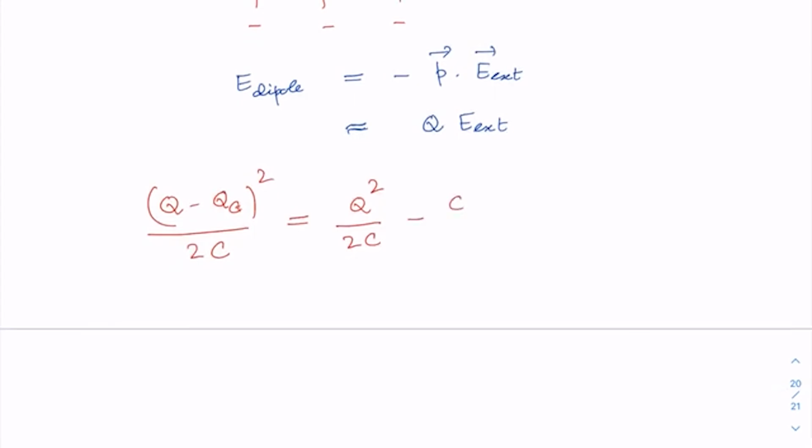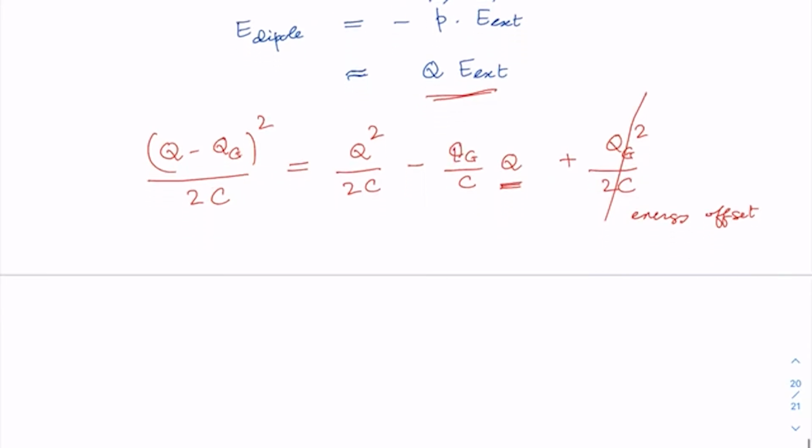Then we have a term like Cg by C times Q, and then Qg squared by twice C, which is a constant term, a kind of energy offset. We can neglect it, and we have the required term, which should be proportional to the charge.